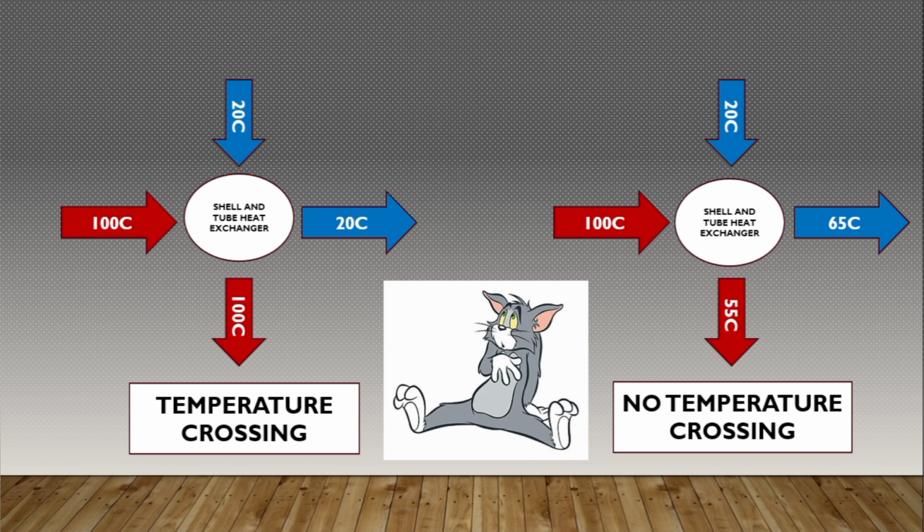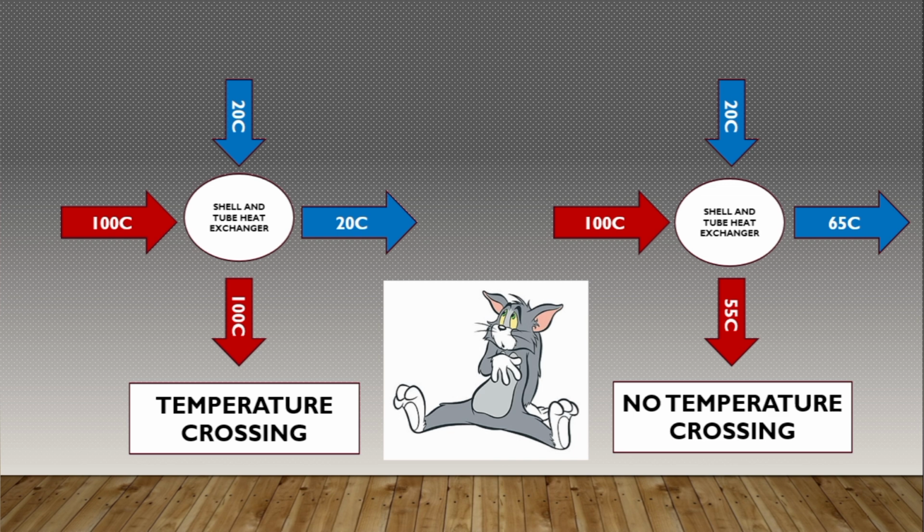And we have a cold inlet stream with a temperature of 20 Celsius coming out as a hot outlet stream of 100 Celsius. With this, we do our change in temperature balancing for the hot inlet coming out as a cold outlet, and we have a negative 80 Celsius as our change in temperature.